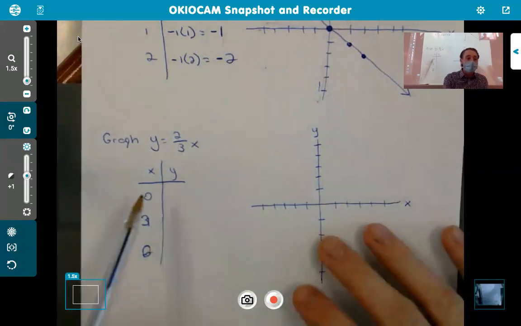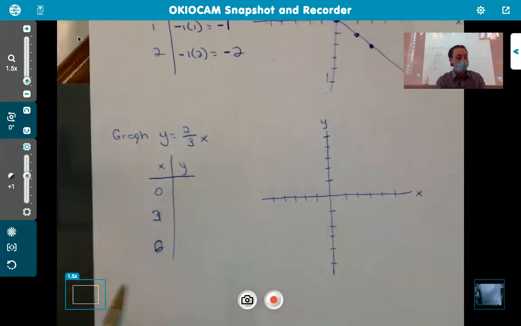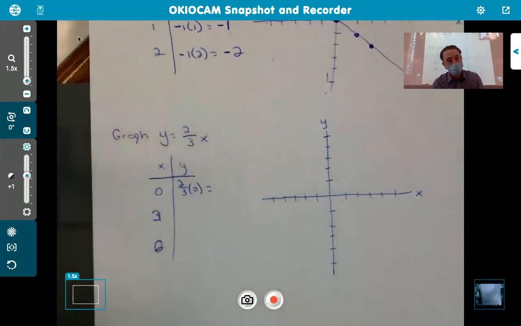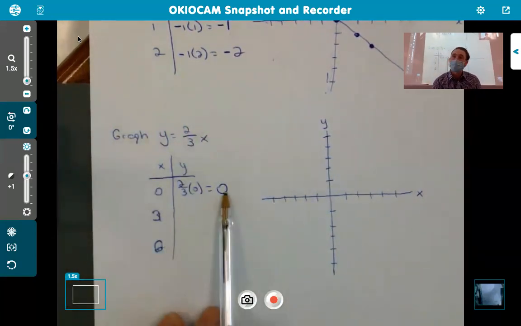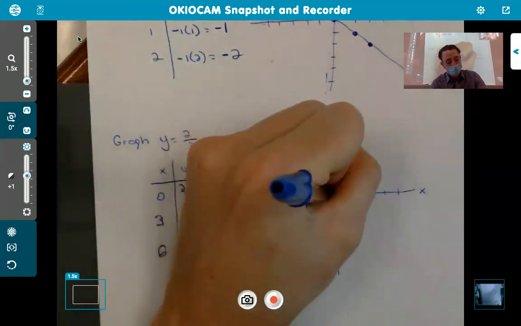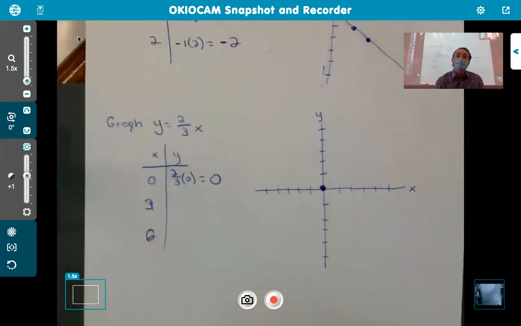So what I'm going to do is plug in values to get rid of my fraction. All right. First one is 0. What's 2/3 times 0? What's anything times 0? 0. So I have the point 0, 0 to start, just like I did before. But now what I'm going to do is plug in the value 3.